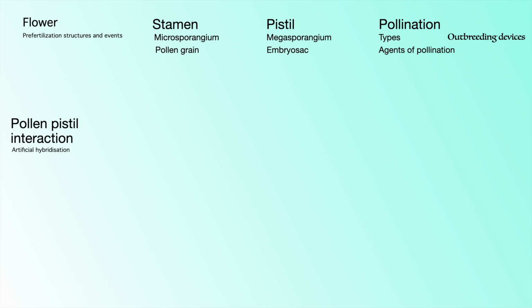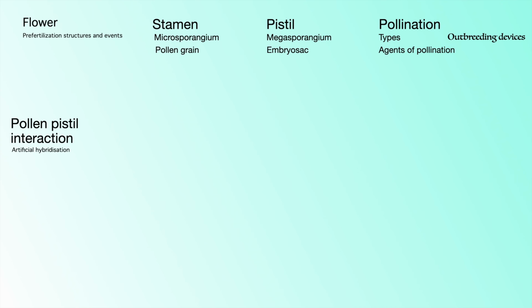This series of events from the stigma till the synergid cells is called pollen pistil interaction. It is said to be a dynamic process because throughout its course there is a continuous interaction between the chemical components of the pollen and also the pistil.